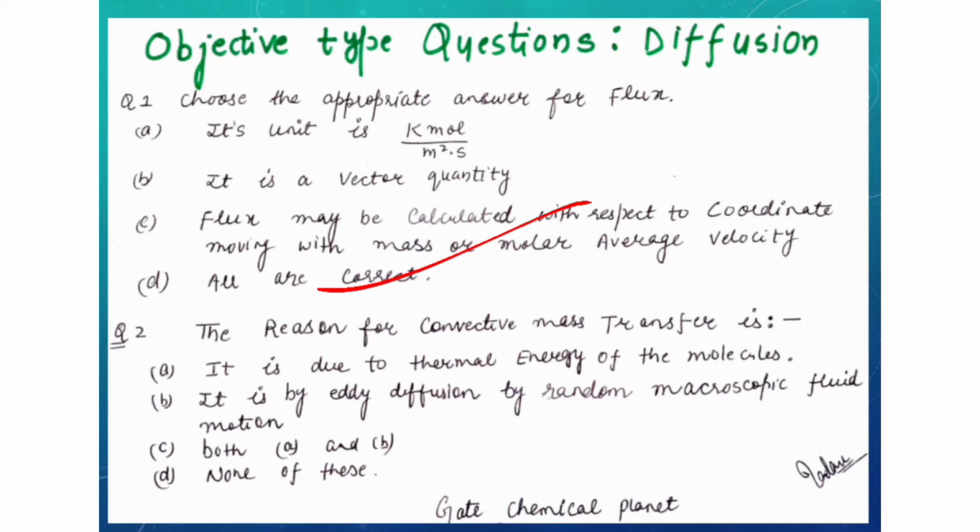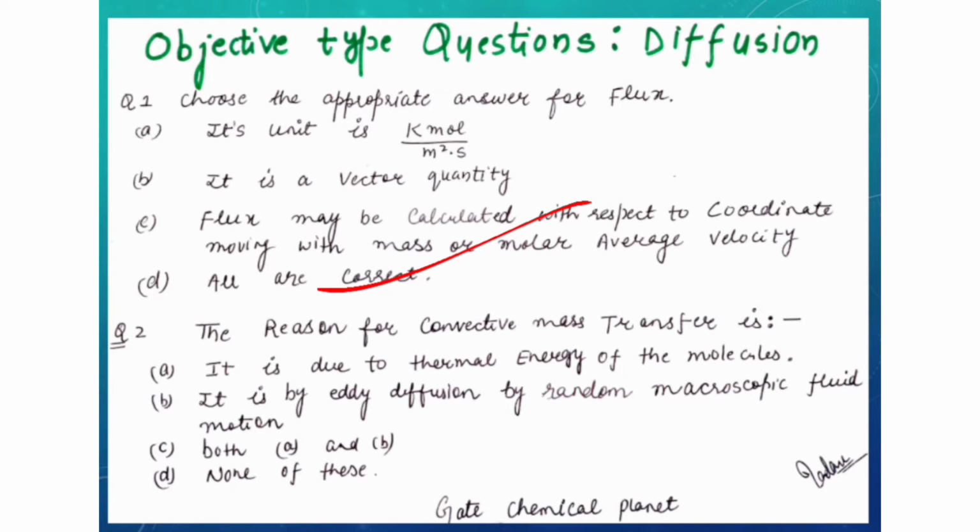So to answer this question properly, I want to give some information about mass transfer. There are two mechanisms of mass transfer, so it is based on two basic mechanisms. First is molecular mass transfer and second is convective mass transfer.